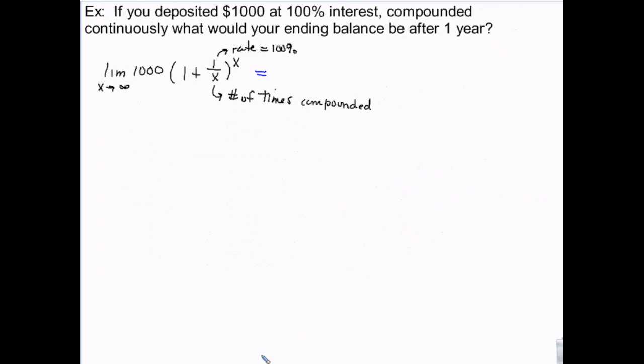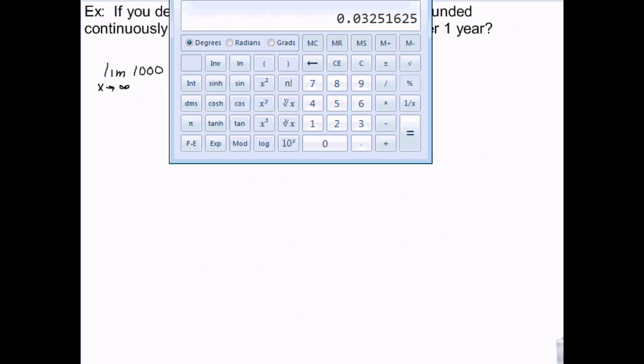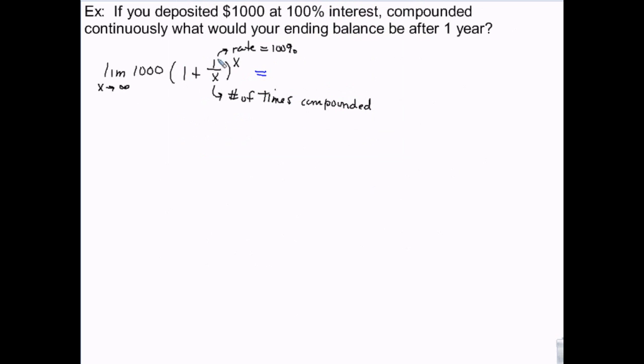All right, we can't actually calculate this with our regular calculator. What happens when you have this right here and you do the calculus, you get a number called e. e is the base of the natural logarithms, and I shouldn't put equals because it doesn't equal.